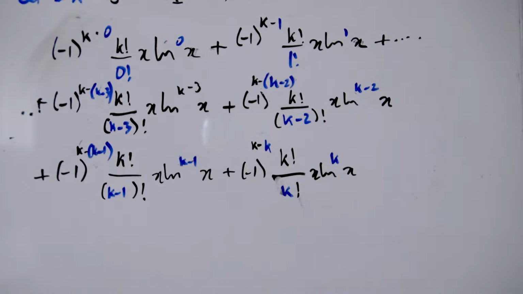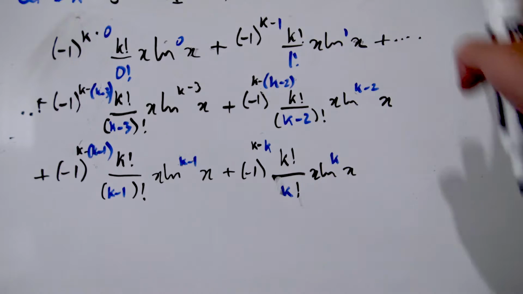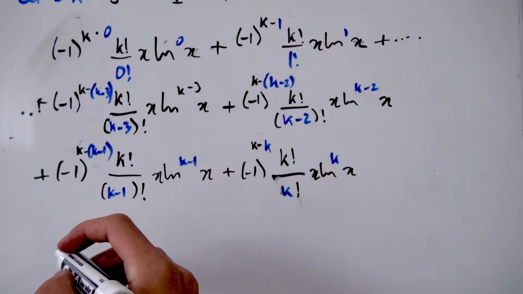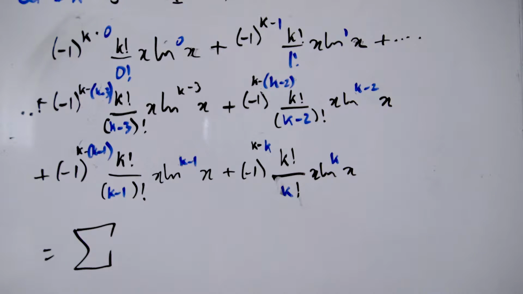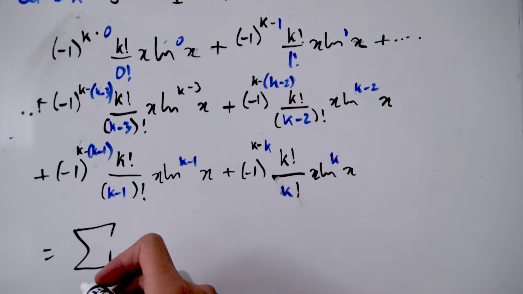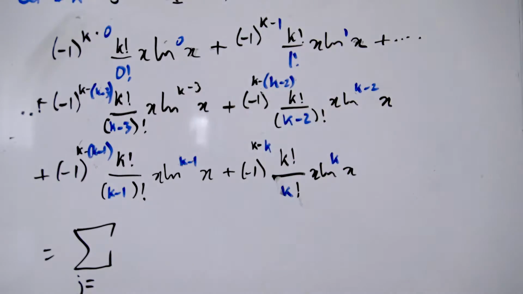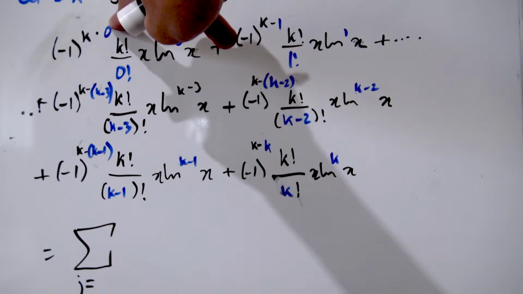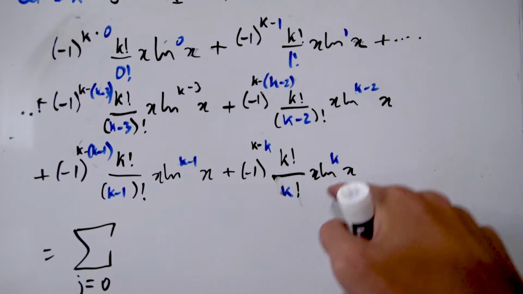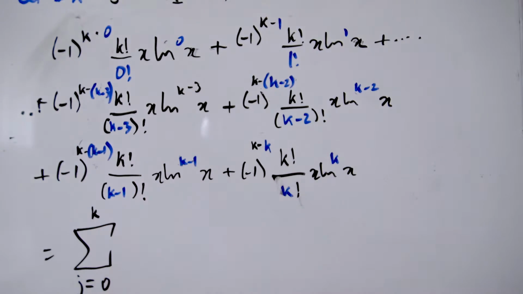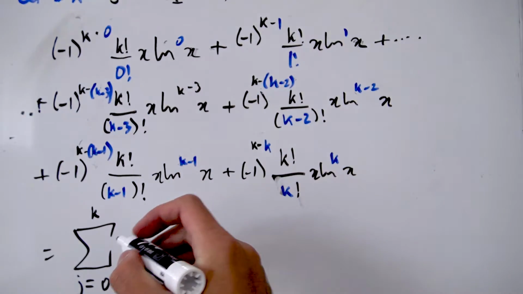Now what we can do is express all of this in terms of a sum. Let's write down the sum first, and let's pick some new index, I don't know, j. And j will represent everything that's in blue here. The first term is 0, and it ends on k, so j goes from 0 to k. Let's write down this -1 thing first.